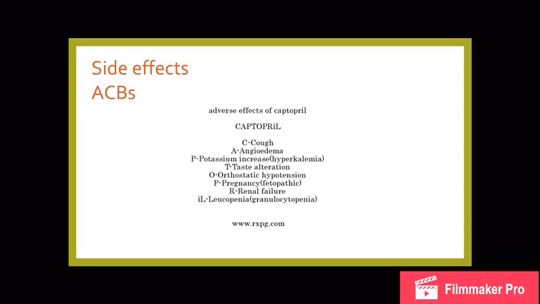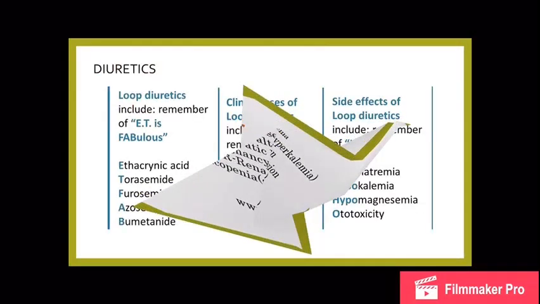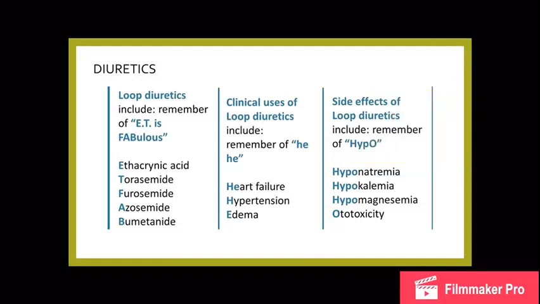There's no cough in ARBs. And the diuretics. You can use "ET is fabulous" to remember the names of the diuretics. And you can use the word "he" to remember the uses, and "hypo" to remember the side effects.